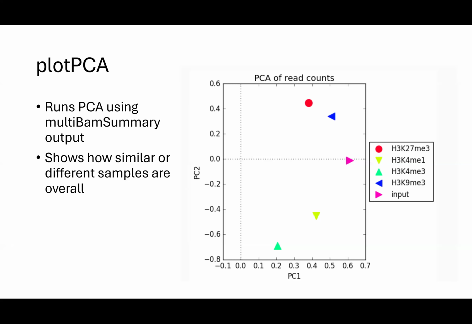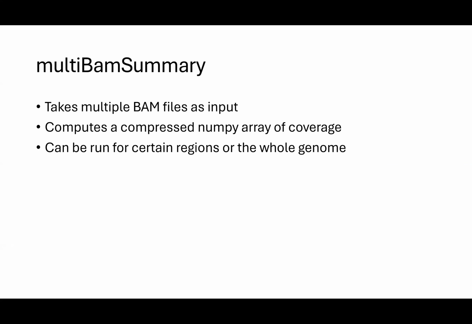Yes. So a bed file is just a file that contains different genomic regions. So usually for this multiBAM summary, you would tell it, here is a list of all the promoters in the species I care about, and it will just compute for those. It won't know anything else, so it's only going to use what you give it.